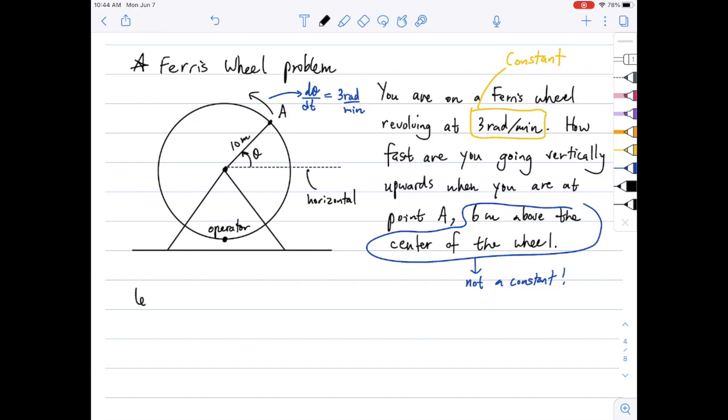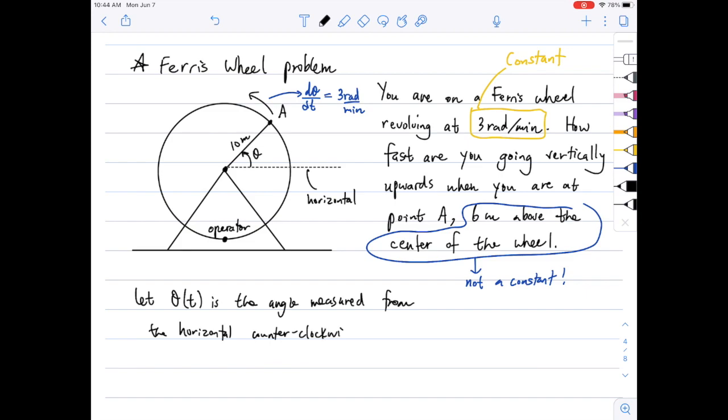So I'm going to say let theta, which is implicitly a function of time, because as time passes you're revolving at a constant rate, be the angle measured from the horizontal in the counterclockwise direction.